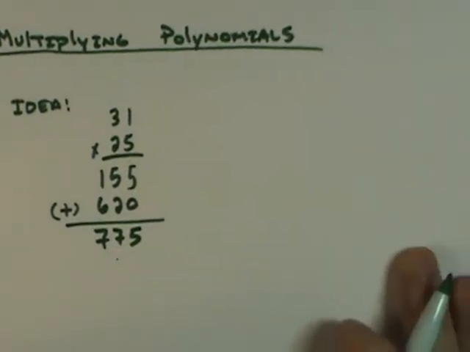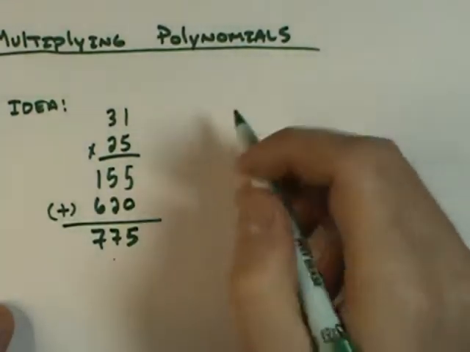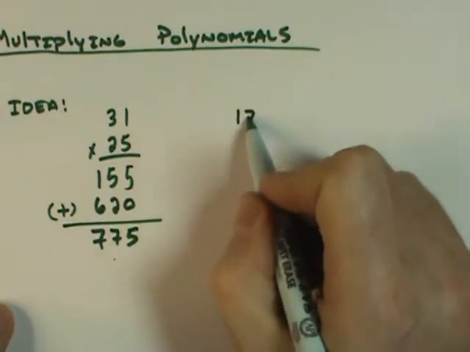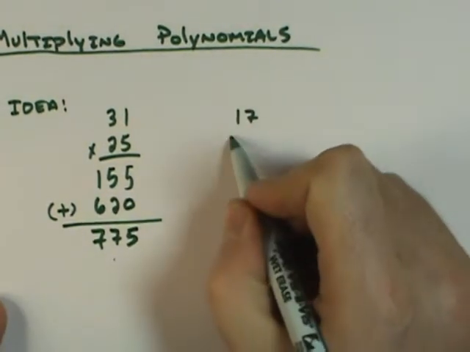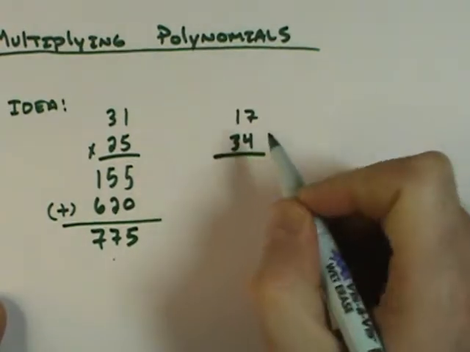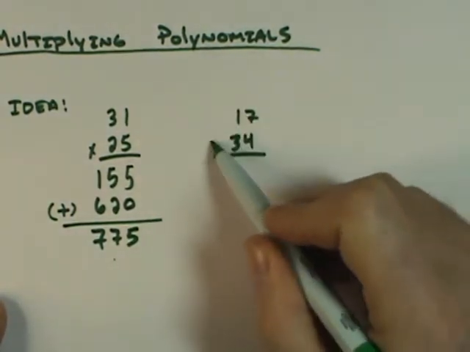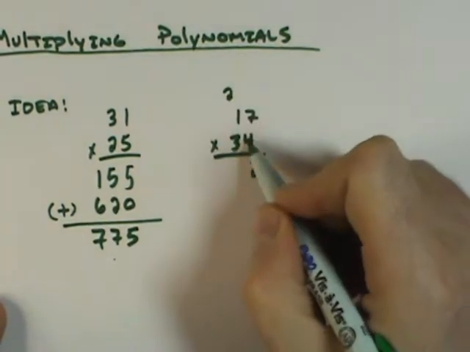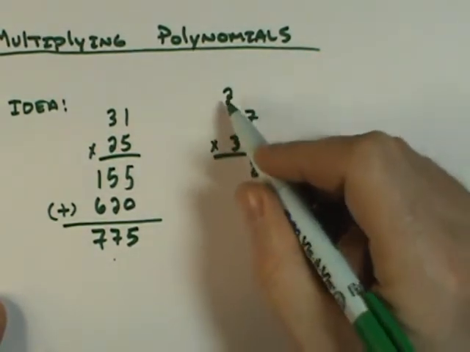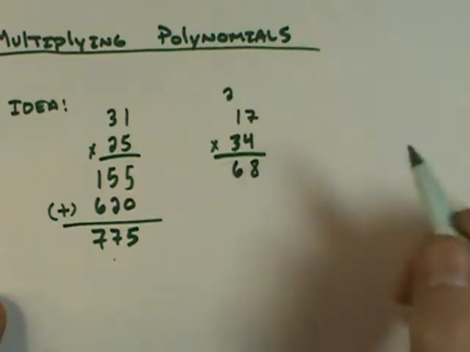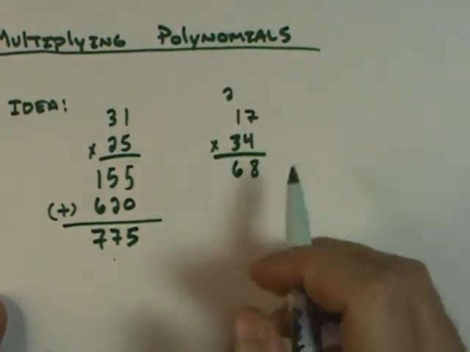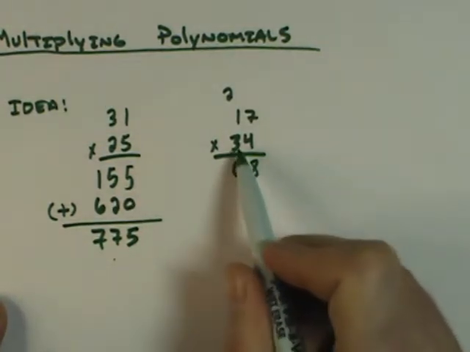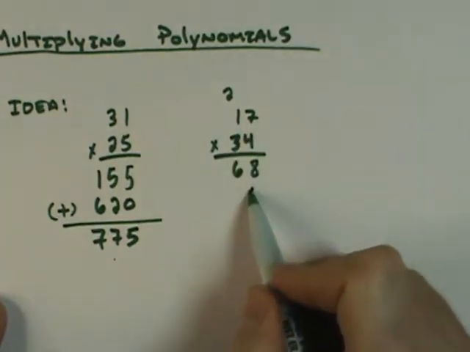Let me do a second example of this, and then I'll move into the algebra idea. Let's do 17 times 34. Once again, 4 times 7 is going to be 28. You carry your 2. 4 times 1 is 4, plus 2 would be 6, so 68. And then when you go to multiply your 3, you always put a 0.